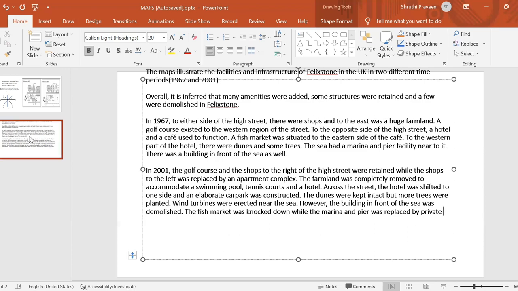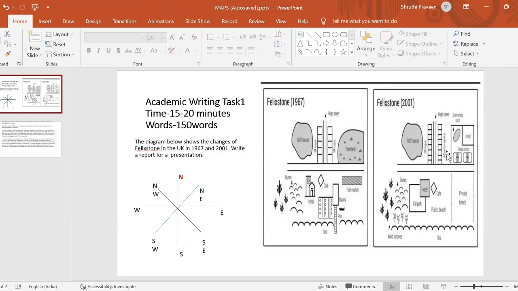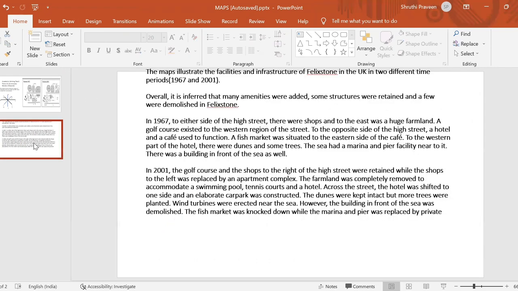Oh no, one second. Which one was which? Marina and pier. Oh, fish market is private beach. Okay, marina and pier, public beach. Okay.